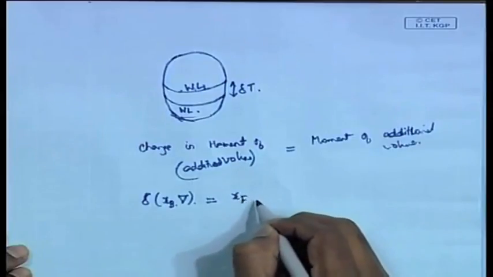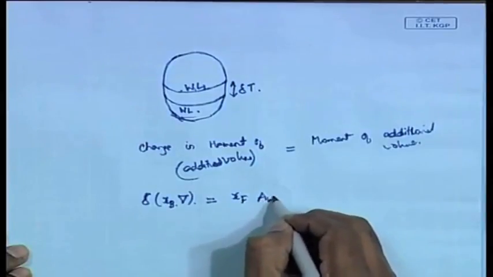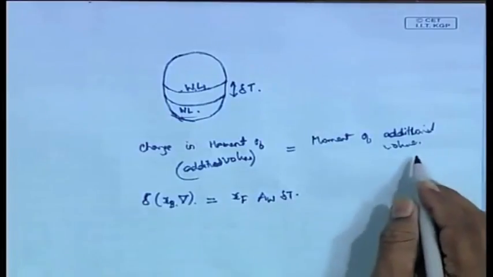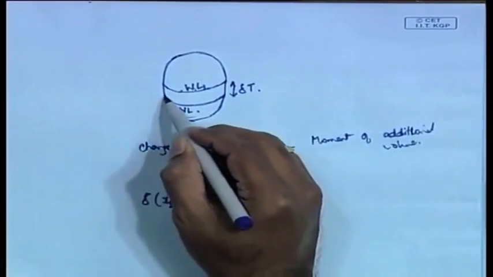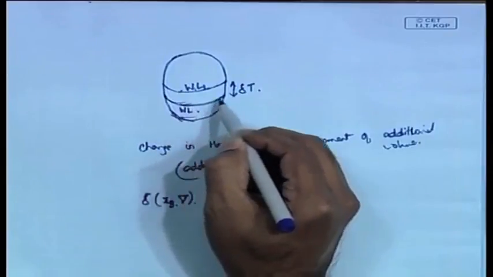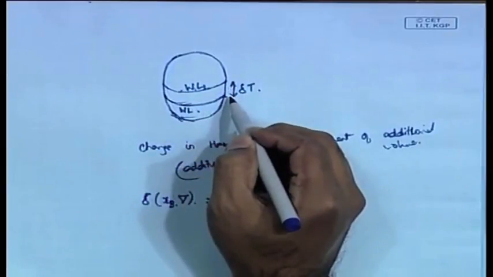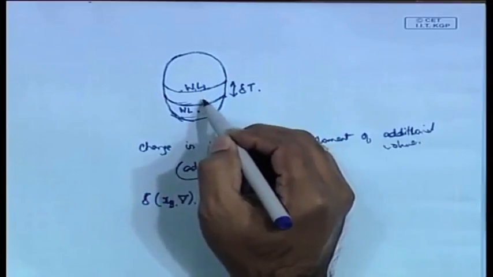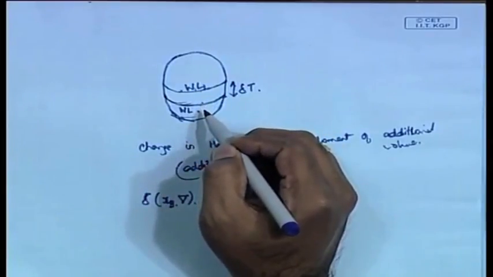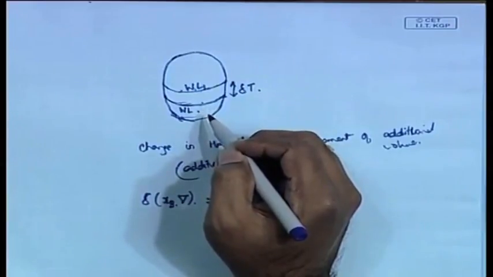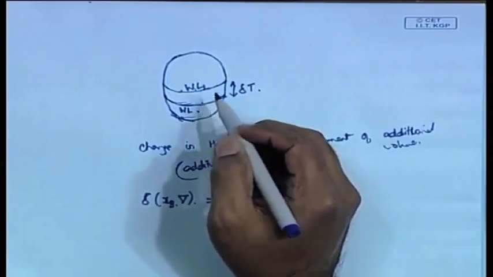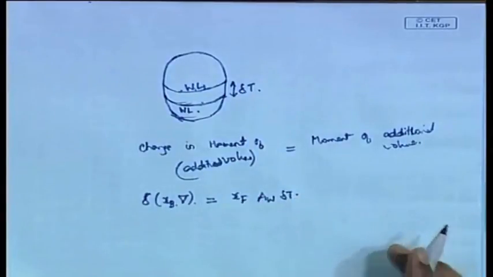What is the additional volume? Additional volume is A w into delta t. So, the additional moment is A w into delta t. A w is this. Now, remember this delta t is very small, therefore, A w does not change as we go in this dipping, this submerging. This is because of the assumption that the delta t is very small.